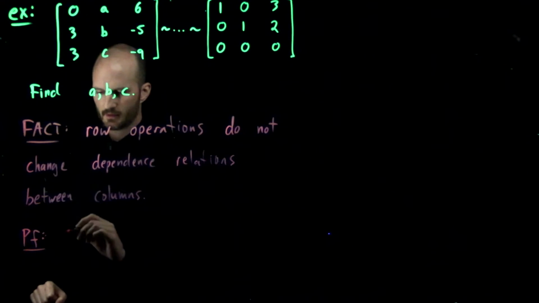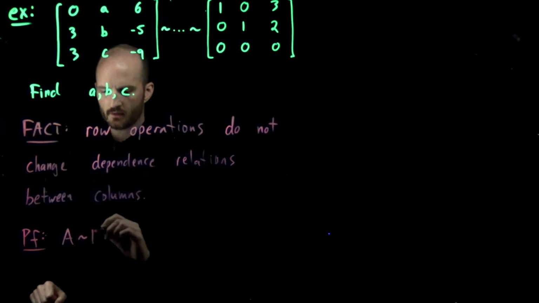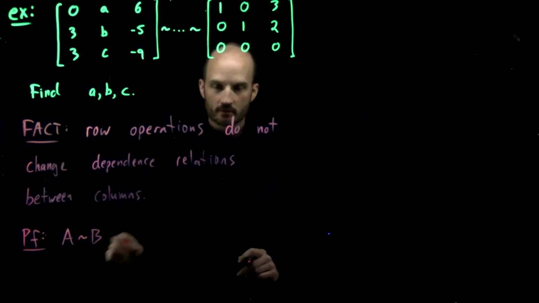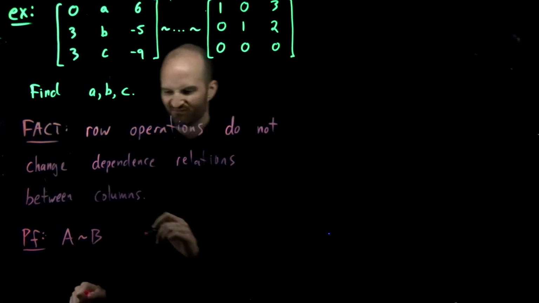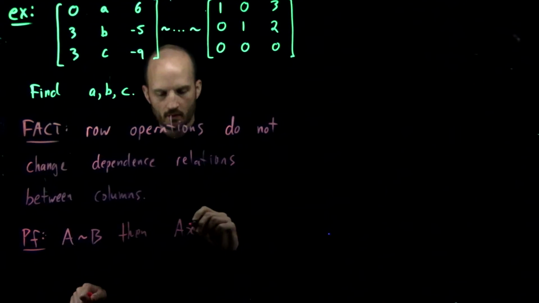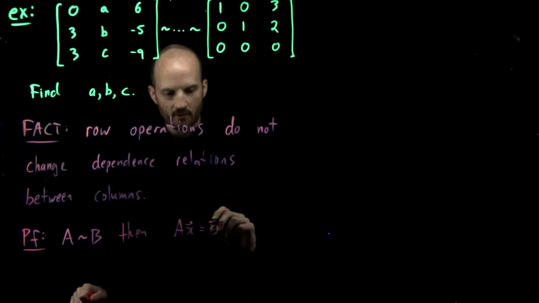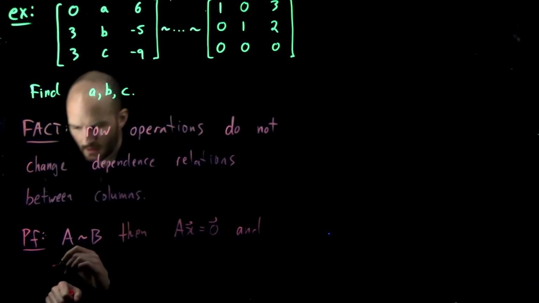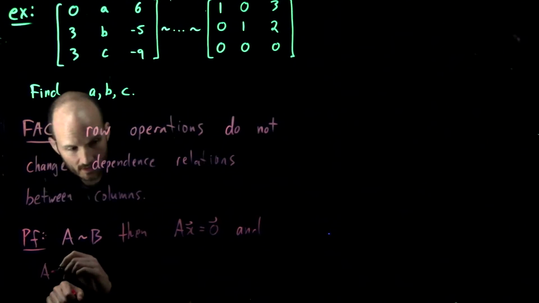Okay, very briefly, if A is row equivalent to B, so if I can take A, do some operations, arrive at B, then if I think about these systems, AX equals 0, then BX equals 0.